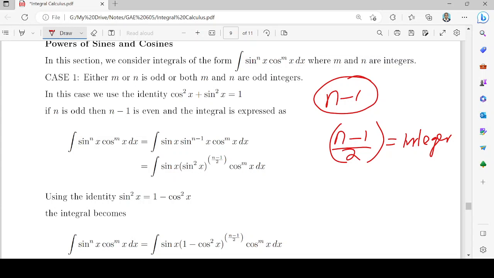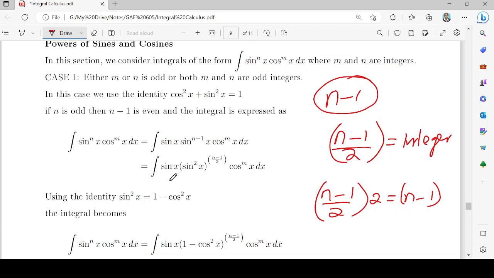So in this case, we can write sine of x squared, then the whole of that we raise to the power of n minus 1 over 2. Because when we multiply n minus 1 over 2 times 2, then we get n minus 1, which was our power.